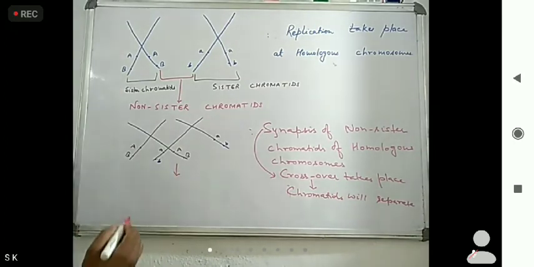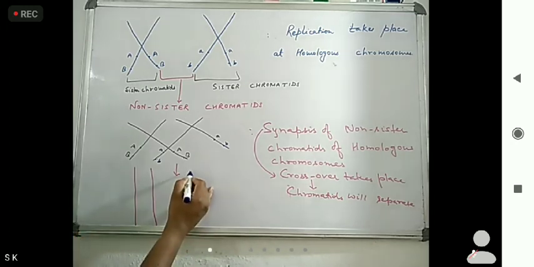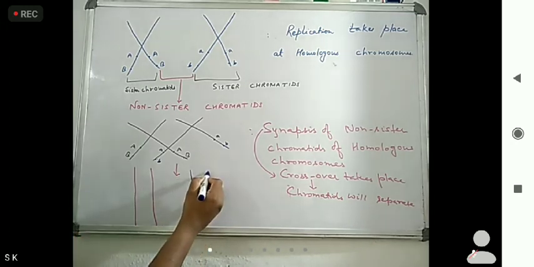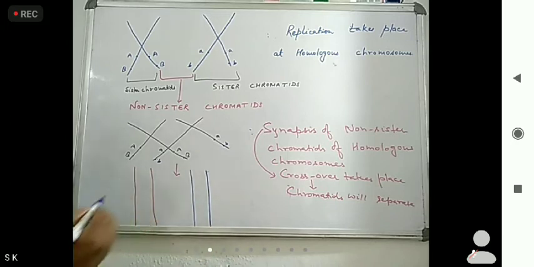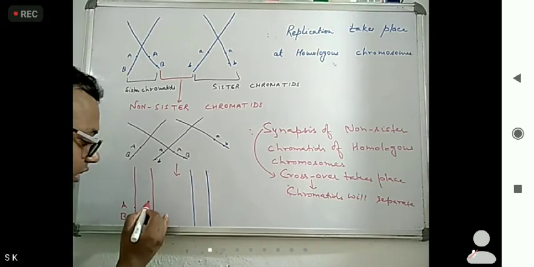Now, what will be the result? Here no problem, here capital A, capital B. But since here crossing over takes place, after separation of chromatids what will come?